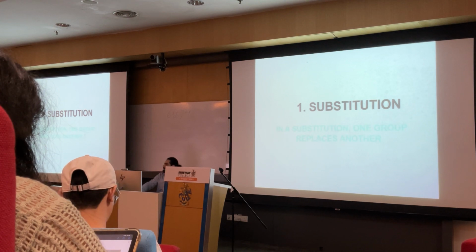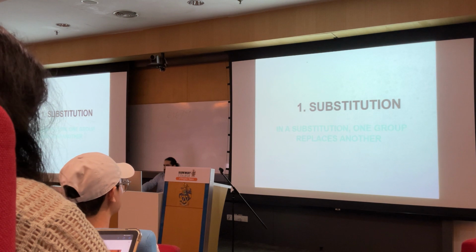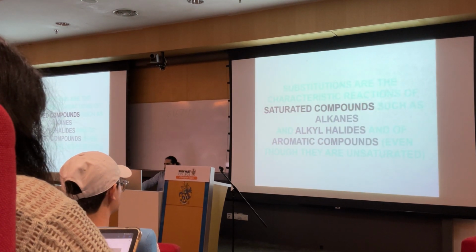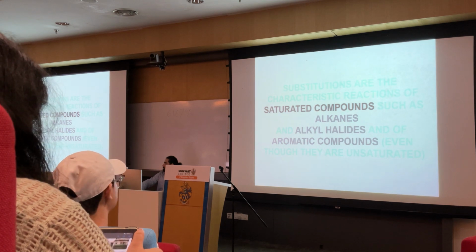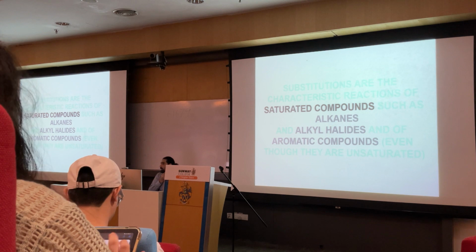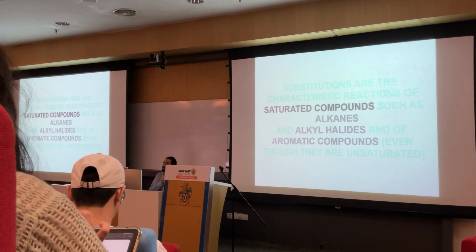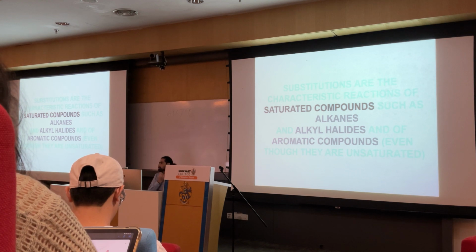So probably I can just be silent for a while, and then you can see what I'm doing. Right? So substitution reactions are characteristic of alkanes, alkyl halides, and aromatic compounds.